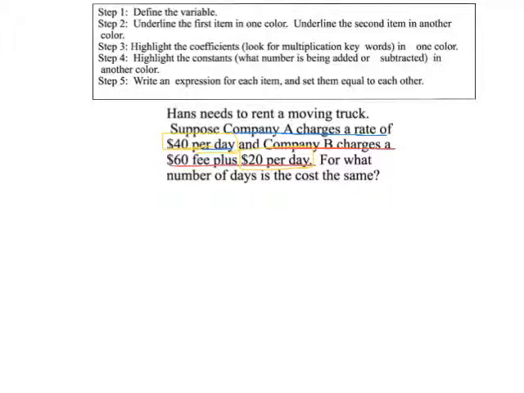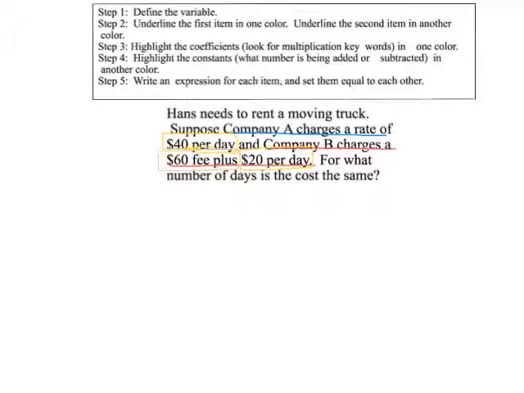There's no other number here with company A. The only number that we had was this $40 per day. There's no constant. They don't charge a fee. There's no flat rate. Flat rate is another thing you might hear for fee. So we don't have a constant. But over here in company B, we have this $60 fee. And there's the word plus. It's what's being added or subtracted.